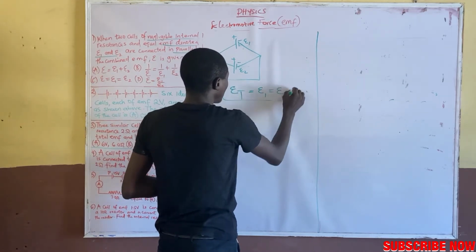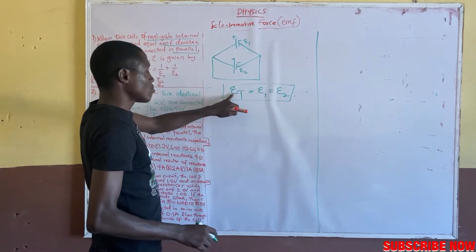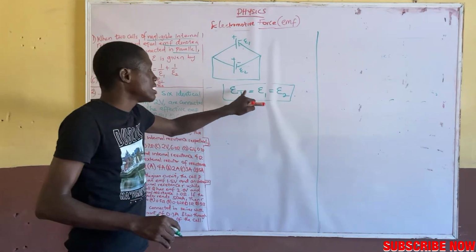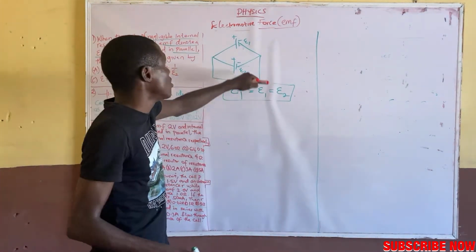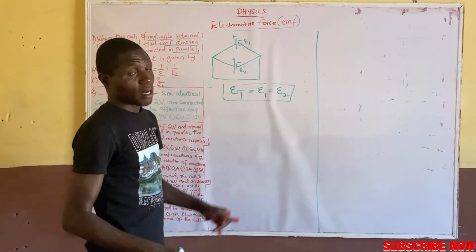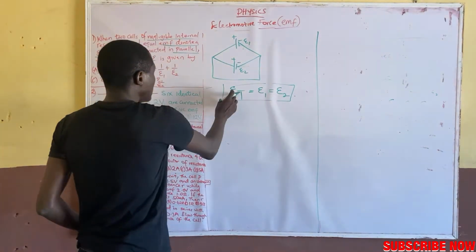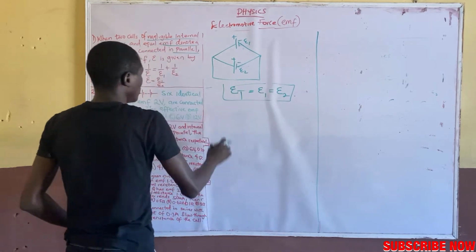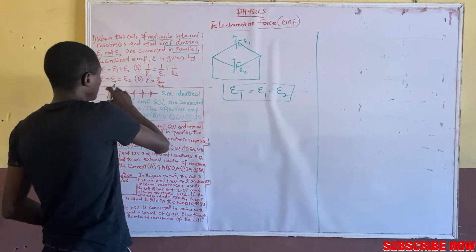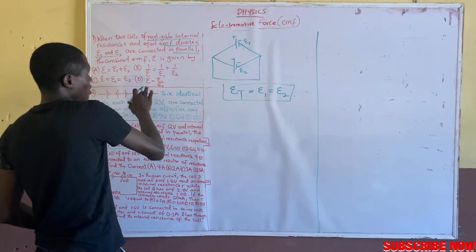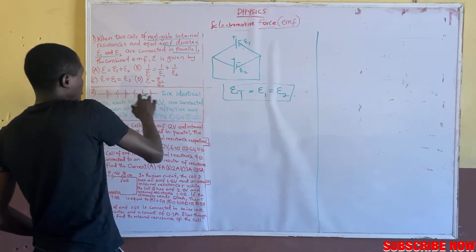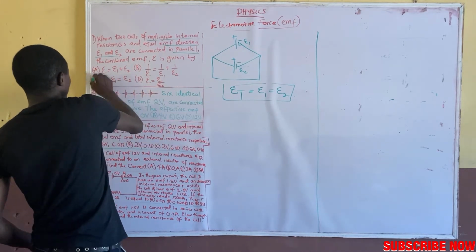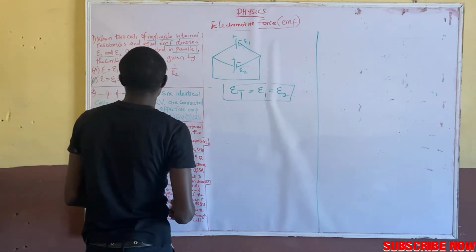So this is the final answer. That is, the total EMF is equal to the individual EMF connected in parallel. So ET is equal to E1 equal to E2. So that's the final answer. So which option is correct here? Option C. The answer is option C.